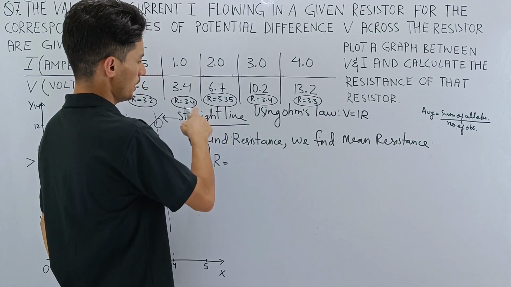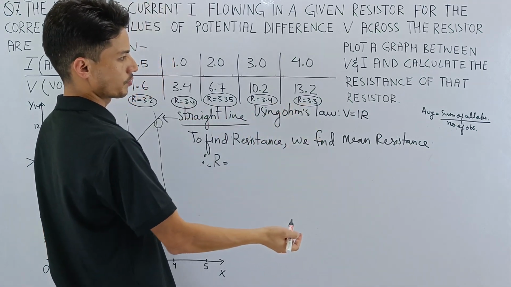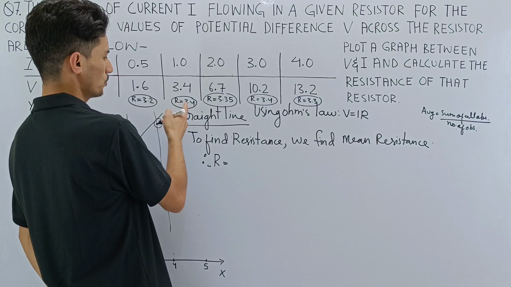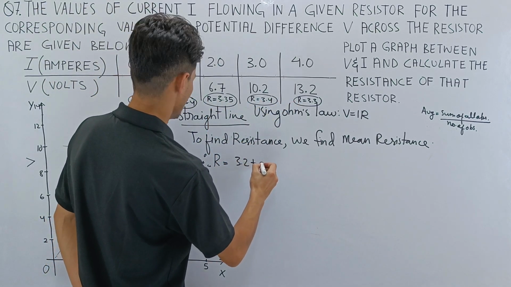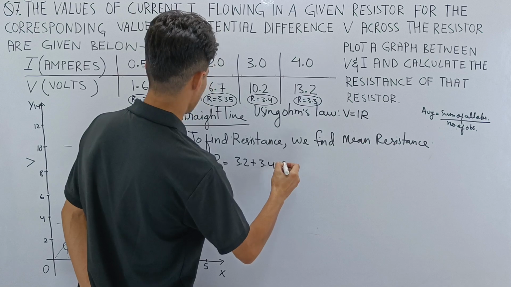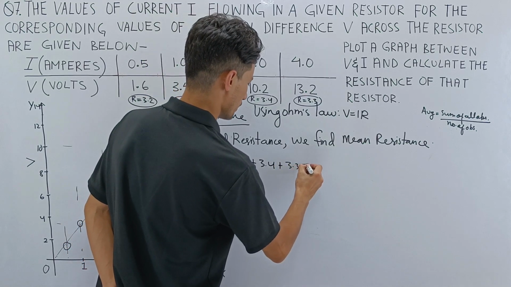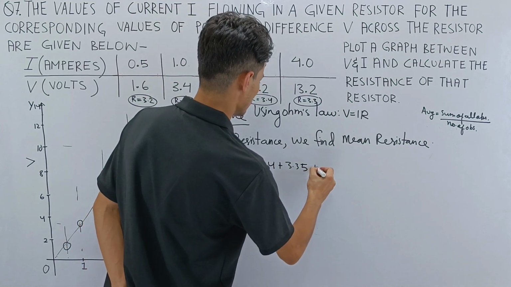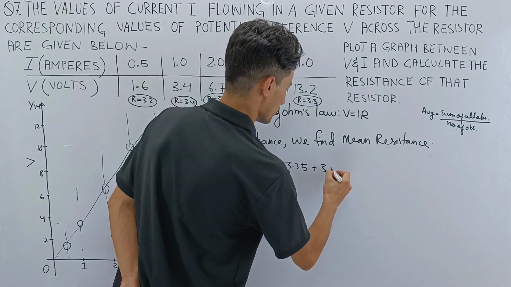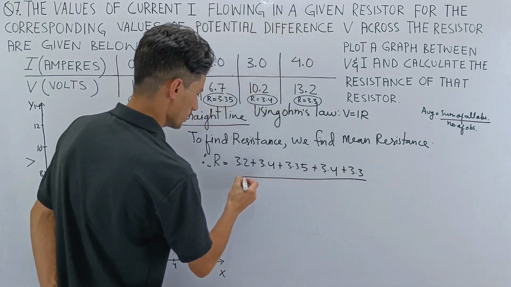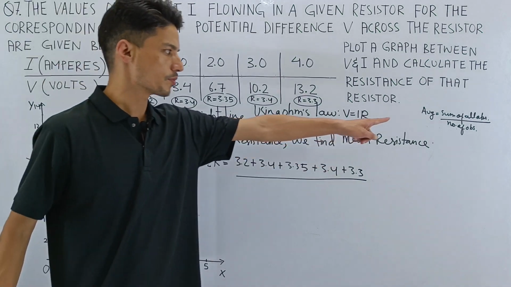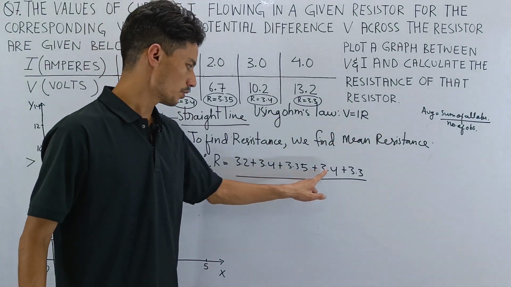We'll have to add all of this and divide by the number of observations. How many observations are there? 5. 1, 2, 3, 4, 5. So you add up all of this: 3.2 plus 3.4 plus 3.35 plus 3.4 plus 3.3, and how many are there? Number of observations: 1, 2, 3, 4, 5.